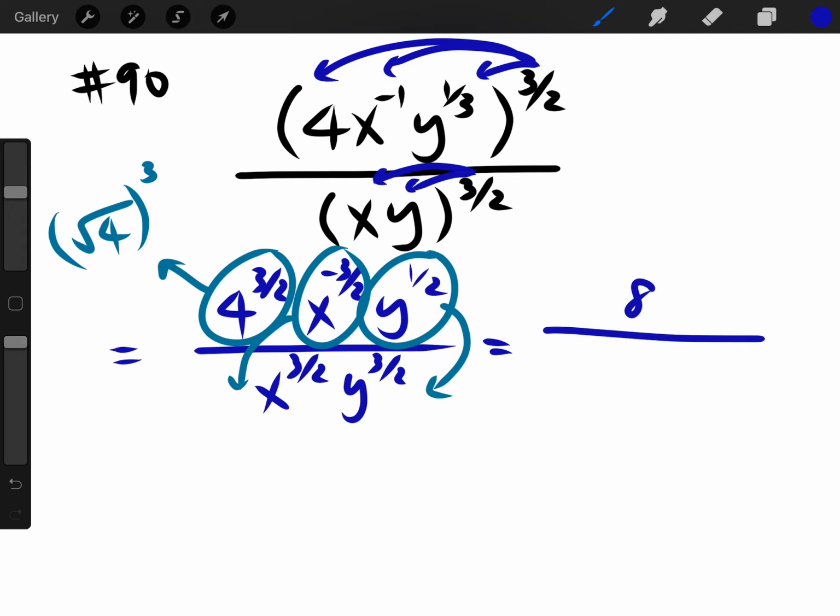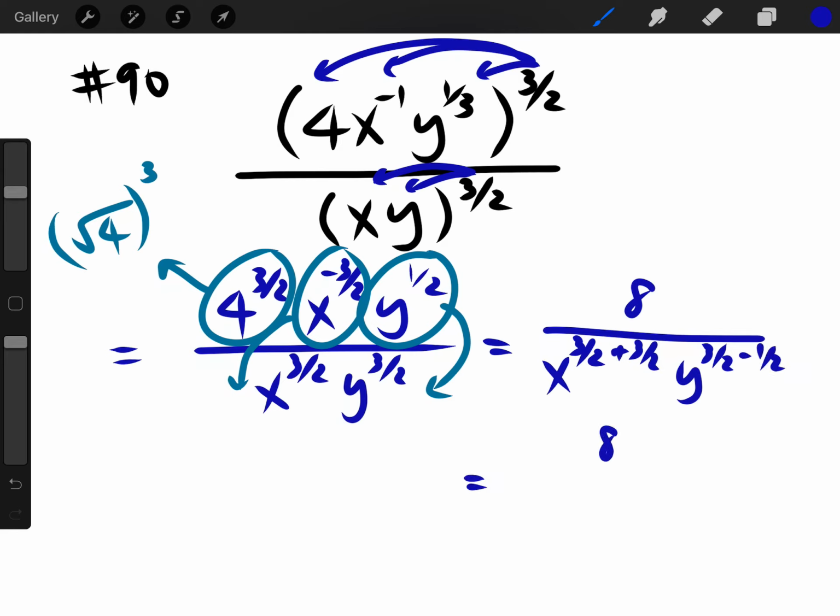On the bottom, you got x to the 3 halves times another x to the positive 3 halves. So you add them up: 3 halves plus 3 halves. And then on the bottom is y to the 3 halves, and you bring down the 1 half, so you're subtracting 1 half there.